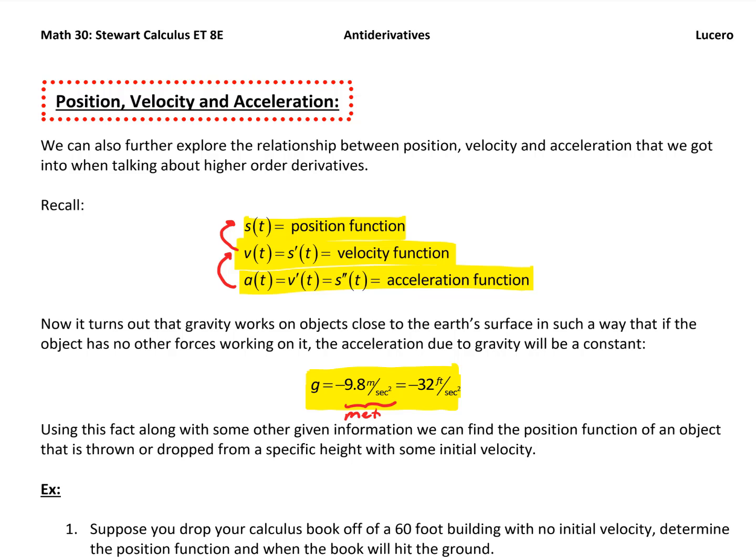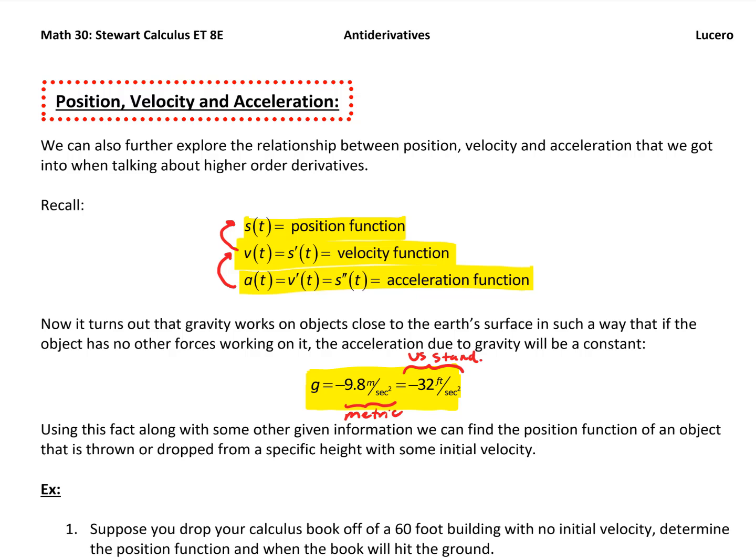And in the US standard, feet and seconds, the gravitational force is negative 32 feet per second squared. In the metric, it's negative 9.8 or negative 9.81 meters per second squared. So these will be our two conventions. If we're talking about an object that is either thrown or dropped, it will have only the force of gravity working on it, and so its acceleration will be equal to one of these constants, depending on whether we're working in feet or in meters.